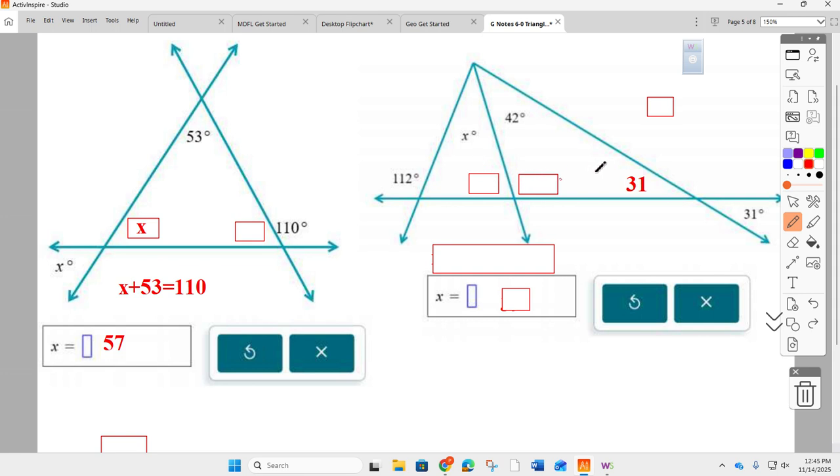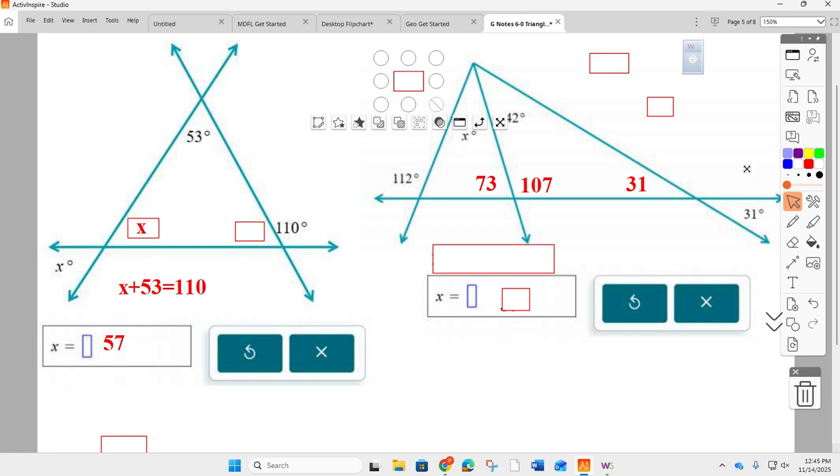You would add 31 and 42, and then you would subtract 180 by the sum of those. So when you add those together, they're 73. So if you subtract them, then that's 107. And then you subtract 180 by 107, for that linear pair there, which now we know that that's 73, right?